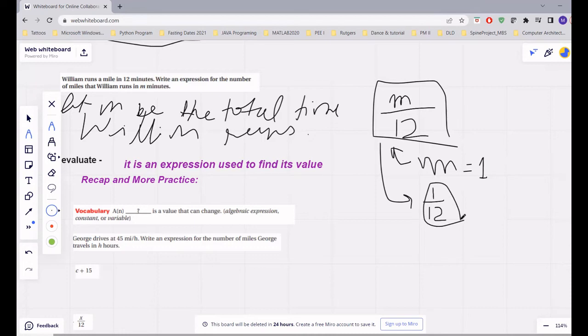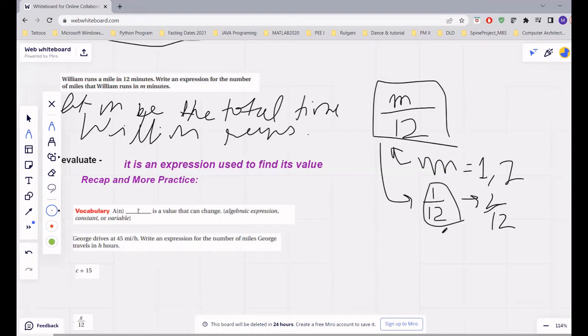Here m is a variable and m can have any number. So m can be 2, and then the expression changes to 2/12. Hence it becomes a fraction. And that's how you evaluate an expression.